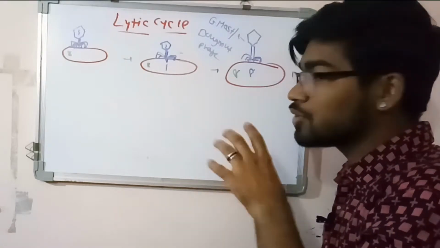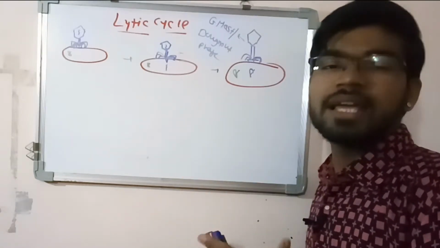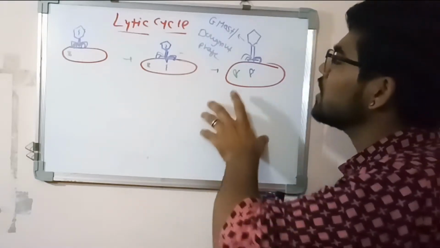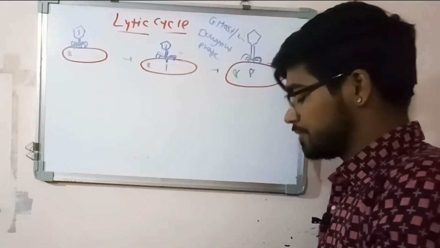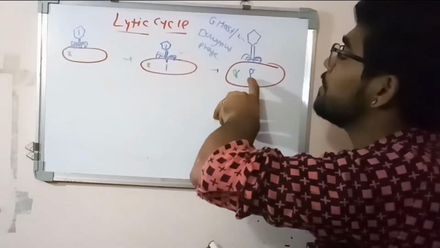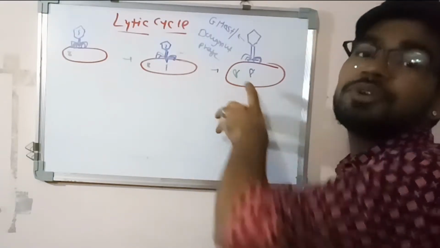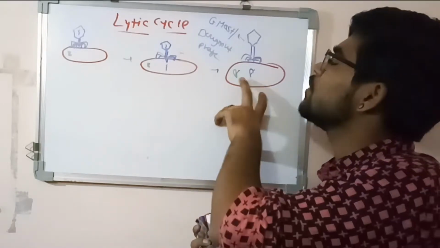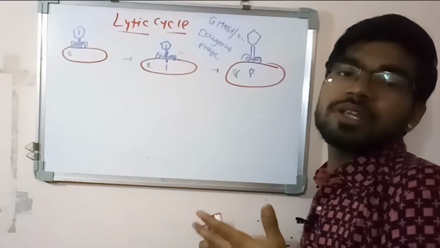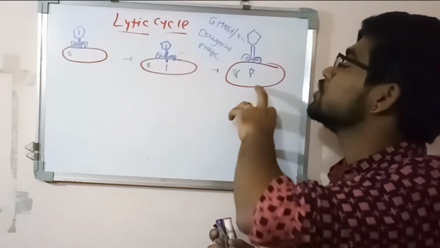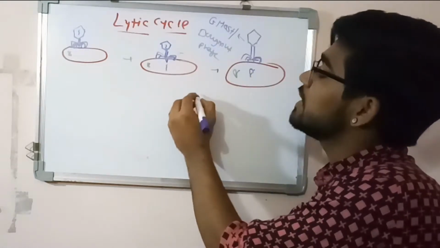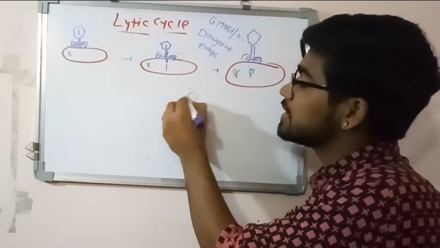So what does it actually do? It synthesizes the early mRNA. From this early mRNA, it translates specific types of nuclease. So what the nuclease does is break down the host genetic material. Now you may have a question: why does it only break down the genetic material of E. coli, not its own? Because nuclease does not have specificity. In the bacterial DNA, there is a cytosine, but this is not a simple cytosine.